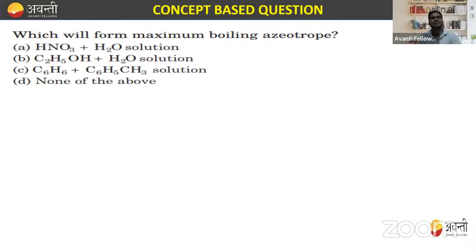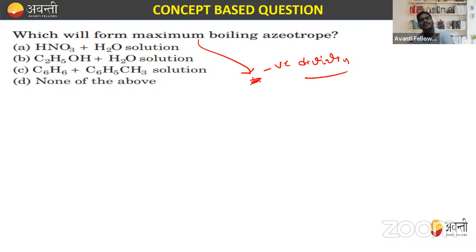Now, next question. Which will form maximum boiling azeotrope? So you have to identify which will form maximum boiling azeotrope. So to do this, we know that for maximum boiling azeotrope, it shows positive or negative deviation? So obviously, it shows negative deviation. Anything which shows negative deviation will form a maximum boiling azeotrope.